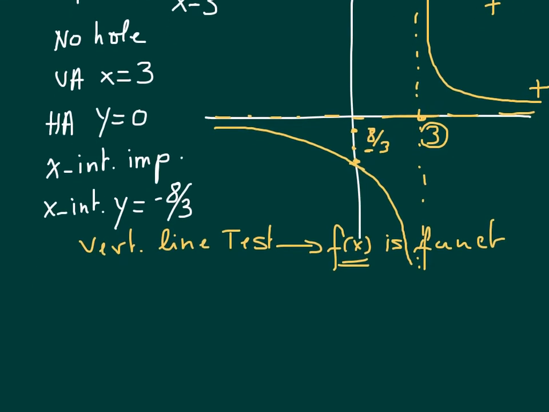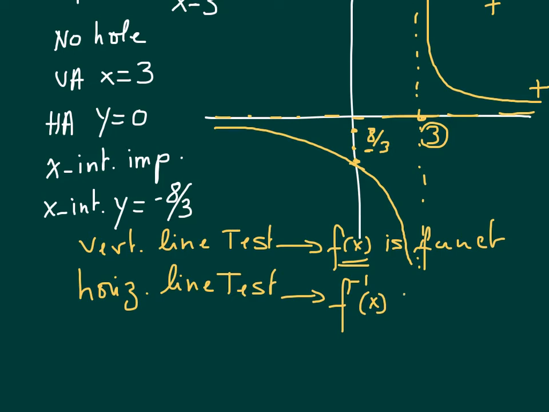When you do a horizontal line test, you're testing to see if the inverse is also a function. And as you can see from this graph, the inverse is also a function. And so when they ask you to verify that the inverse is also a function, this is how you do it. You do a horizontal line test.